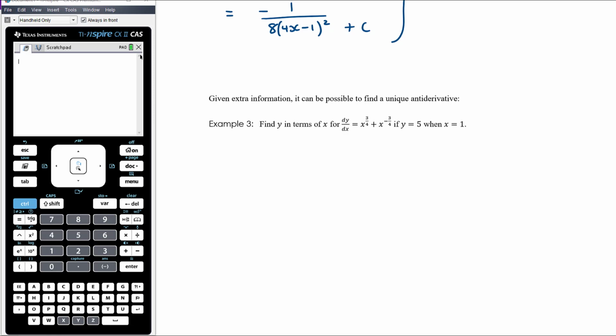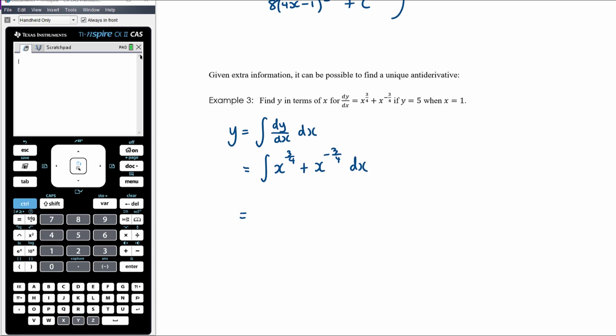Okay, so if we want to find y, so we have the derivative and we want to get back to the original function. So it's important that we understand that y is the antiderivative of the derivative. Okay, so antidifferentiating the derivative will give us y. So antiderivative of x to the power of 3/4 plus x to the power of negative 3/4. Okay, so let's antidifferentiate that.